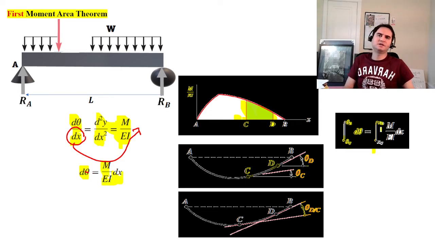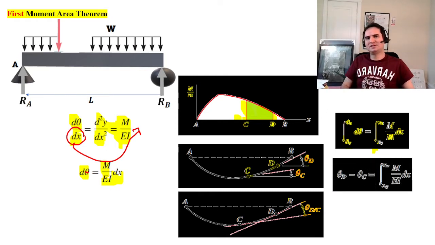So you are integrating the area under M over EI dx to calculate the difference between those two tangents. In that sense, theta D minus theta C is the area under M over EI dx.